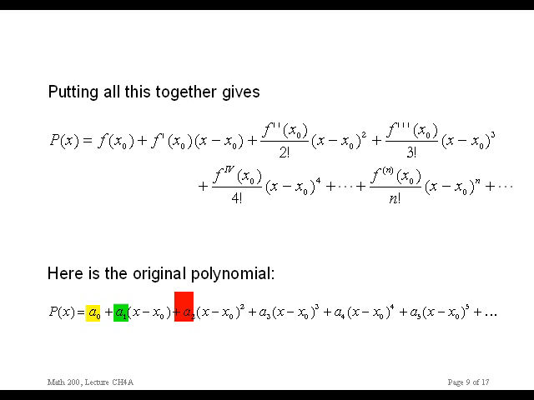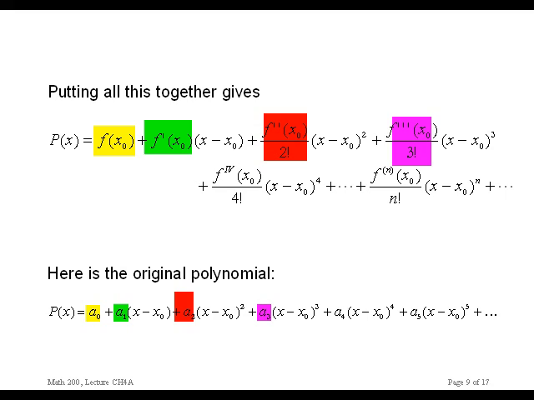So the value for a0 was the function. The value for a1 was the first derivative. The value for a2 was the second derivative over 2 factorial. And a3 is the third derivative of the function divided by 3 factorial.